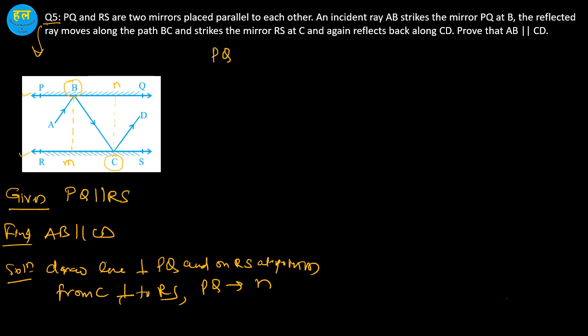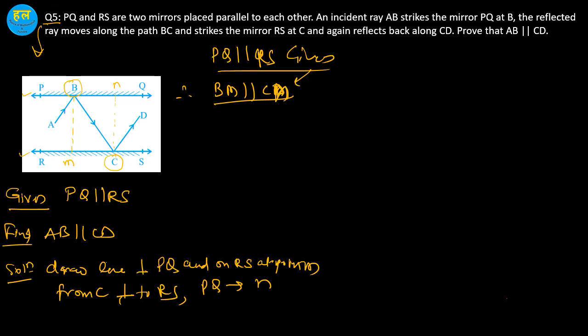Since PQ is parallel to RS, that is given, therefore this imaginary line BM will be parallel to CN, because perpendiculars to parallel lines are parallel. So BM will be parallel to CN.